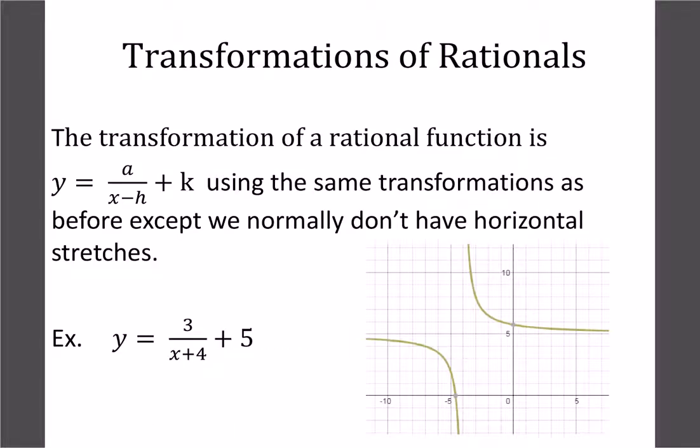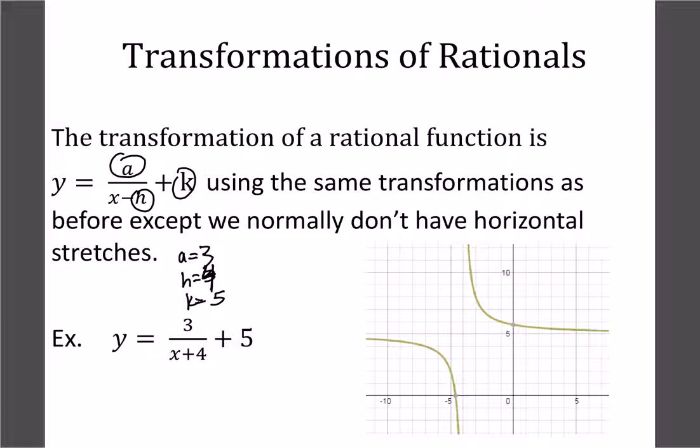That leads us into transformations. When we're dealing with transformations, just like before, our A number, or our front number, is our vertical stretch. You can see that we have our A of 3 in this case, so we have 3 times taller. And our H is our horizontal, so we're going 4 to the left, and we can see our K is 5, so we went 5 up.